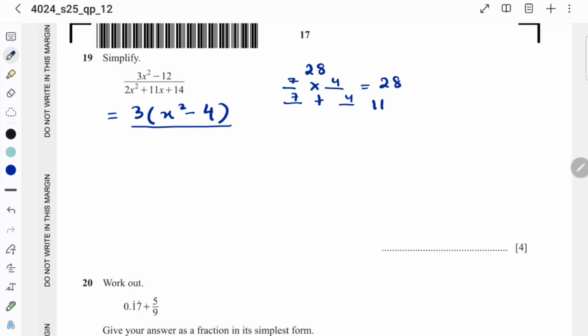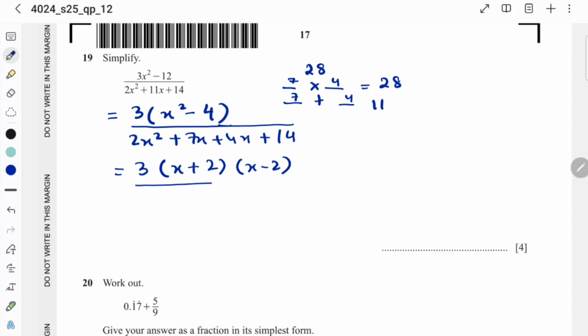Okay, so I'll take the same numbers to make the factors: 2x square plus 7x plus 4x plus 14. I'm not doing anything, just breaking the middle term. And at the top, I use the identity a square minus b square is (a plus b)(a minus b). So (x plus 2)(x minus 2). In the denominator, I'll take x common: x(2x plus 7) plus 2(2x plus 7).